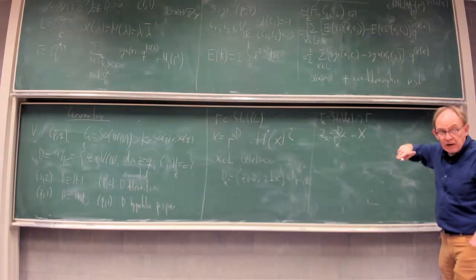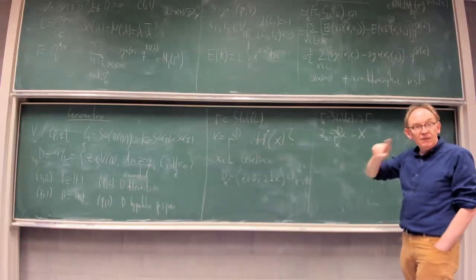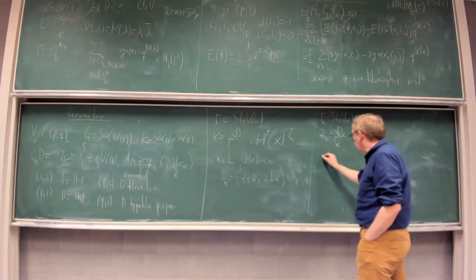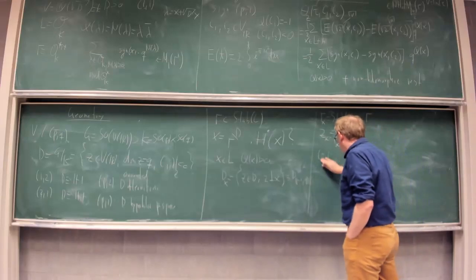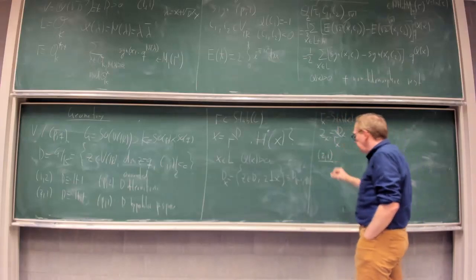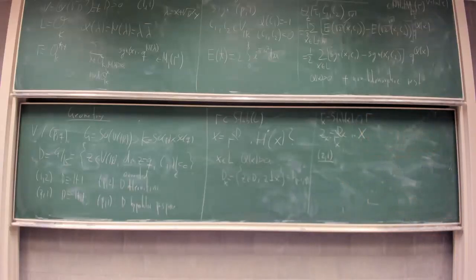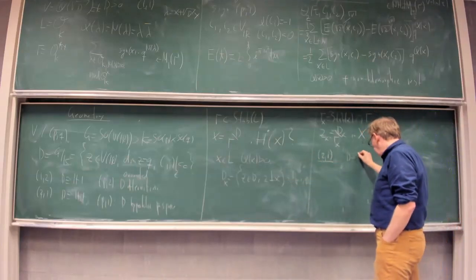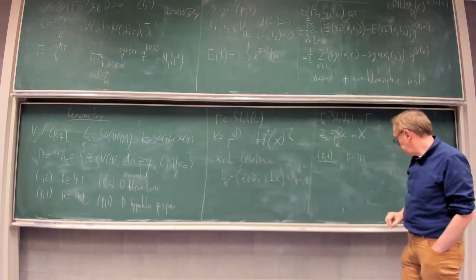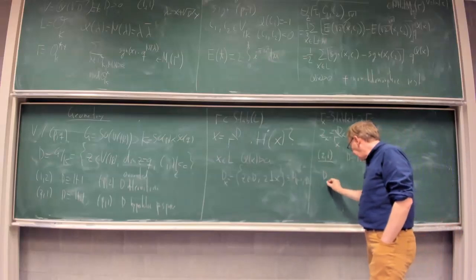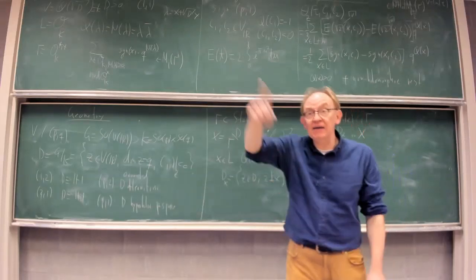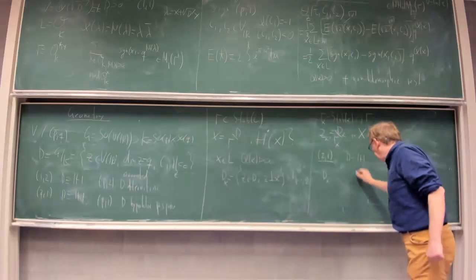That's the example. I really need to worry about my time, so let's look at signature (2,1). That's the one I care about the most for the moment. For signature (2,1), D is the upper half plane. Then D_x is a space of signature (1,1), which is a line, a geodesic in the upper half plane.